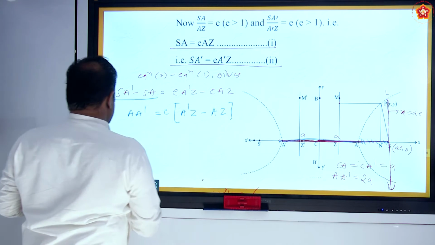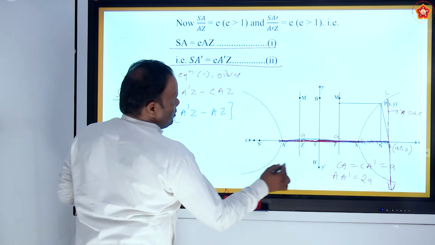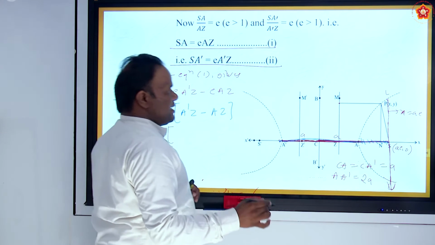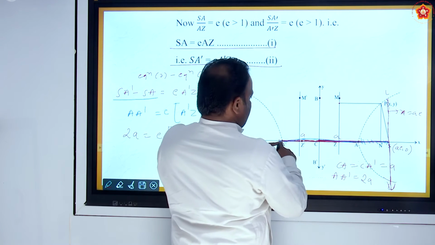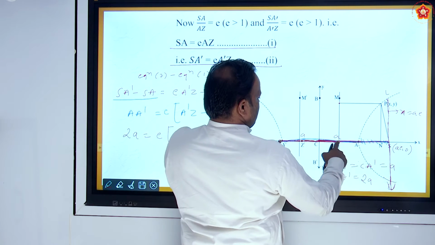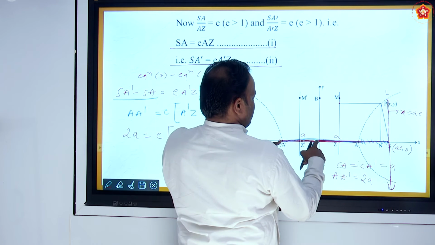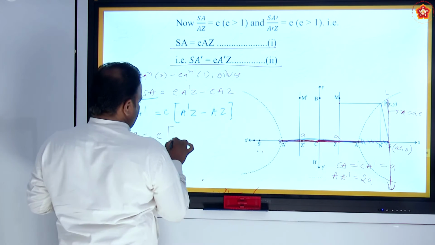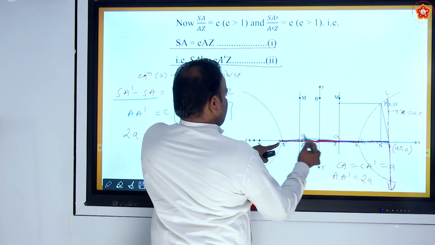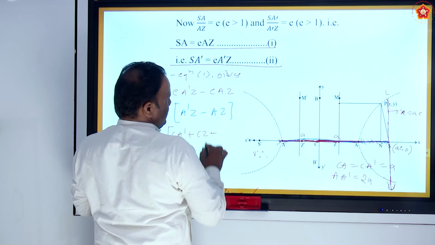Next, observe here. This A dash is nothing but again 2A, E as it is. What is A dash Z? Start from the origin. Here is A dash, here is Z. A dash Z is nothing but CA dash plus CZ. What is AZ?